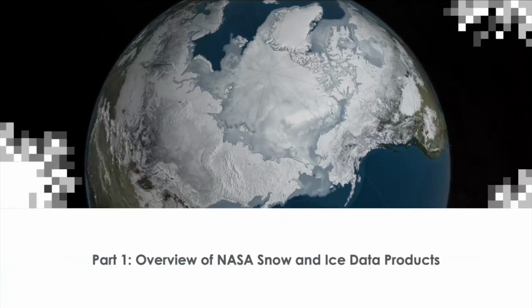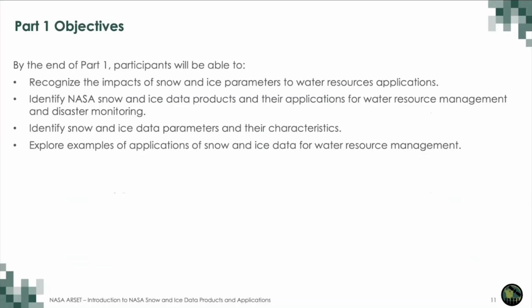We'll start with today's session, overview of NASA snow and ice data products. The objectives for today are that by the end of this session, you will recognize the impacts of snow and ice parameters on water resources applications, identify NASA snow and ice data products and their applications for water resource management and disaster monitoring, identify snow and ice data parameters and their characteristics, and explore examples of applications of snow and ice data for water resource management.